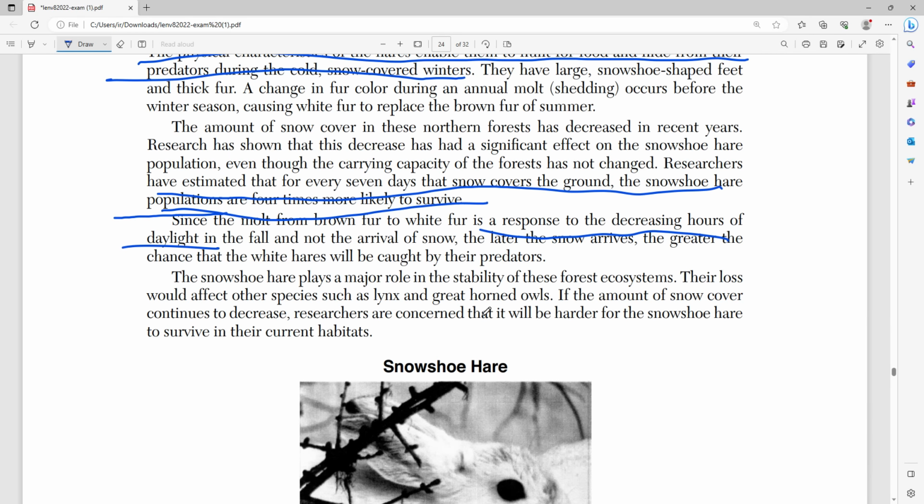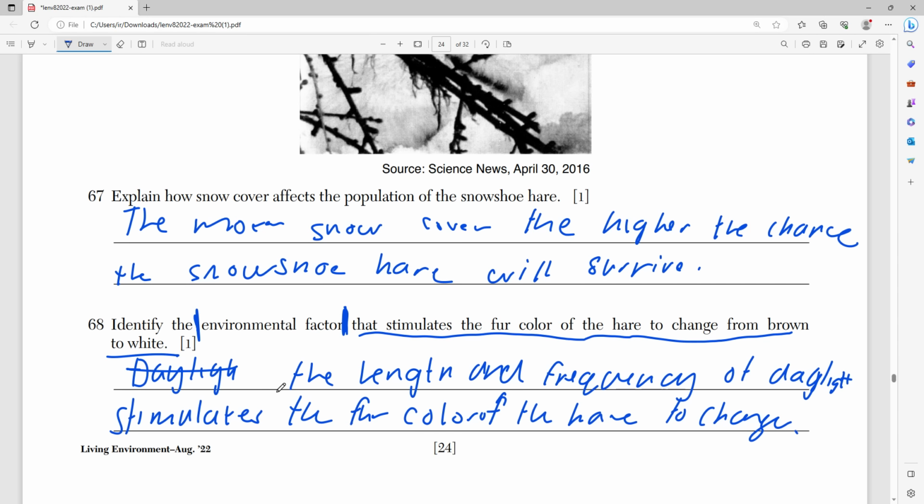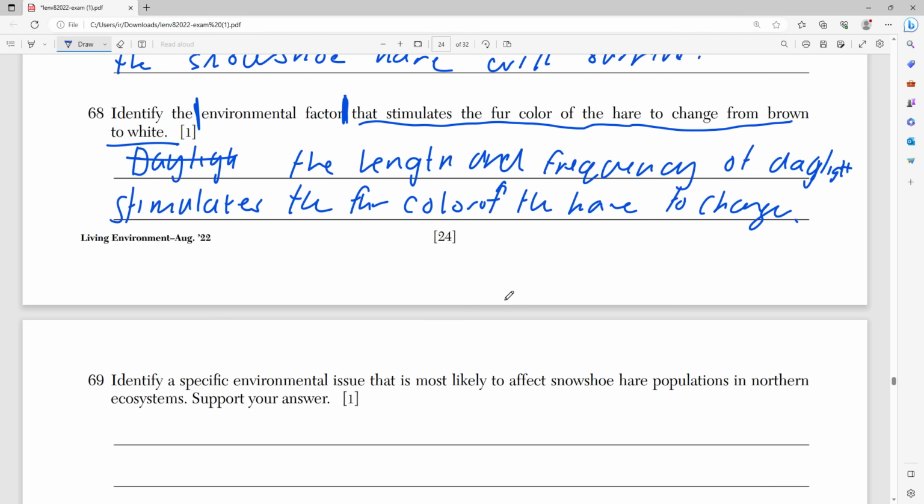It literally just stated here that the molt is a response to decreasing hours of daylight, right? So the length and frequency of daylight stimulates the fur change, right?